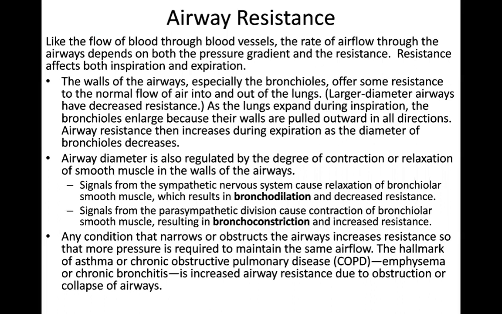Whereas signals from the parasympathetic division cause contraction of bronchiolar smooth muscle, resulting in bronchoconstriction and an increase in resistance. So it's actually flipped from what we talked about with regards to sympathetic and parasympathetic when it was blood vessels. We said that blood vessels, when activated by the sympathetic nervous system, especially in your skin, your digestive organs, your urinary organs, vasoconstrict.